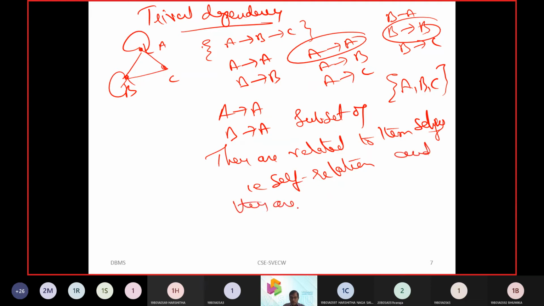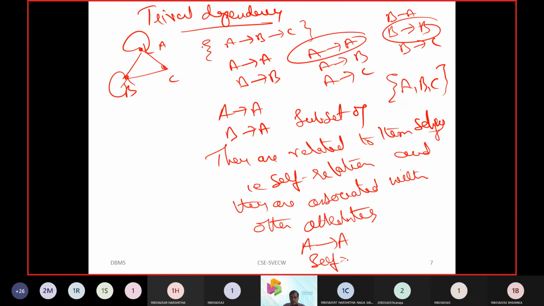And they are associated with other attributes. So A to A, we call it self-relation. A to B and A to C, now what is that? It is other relation.